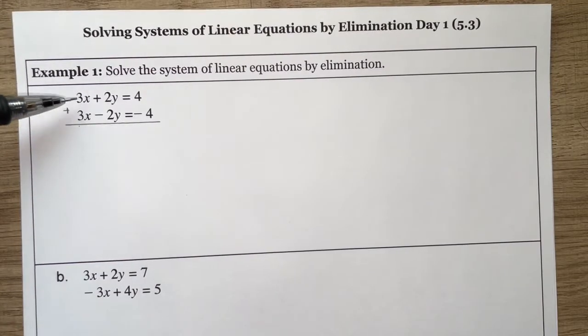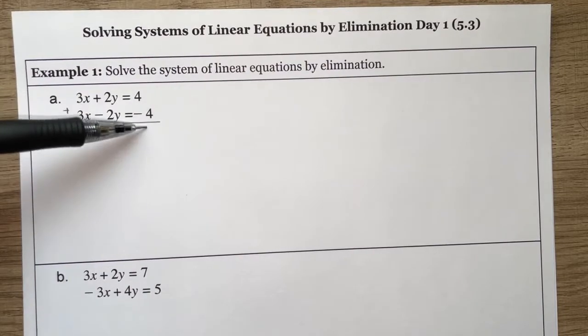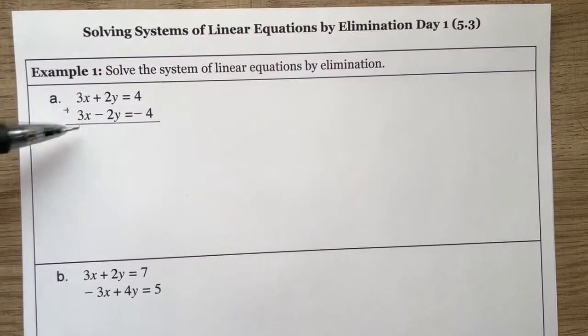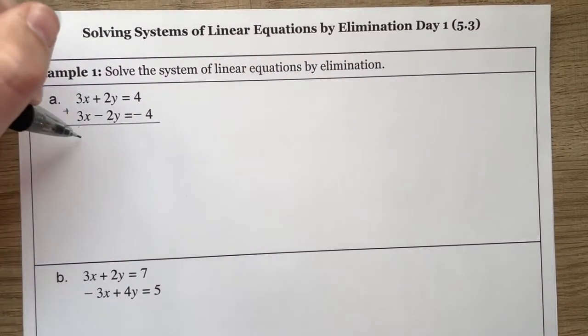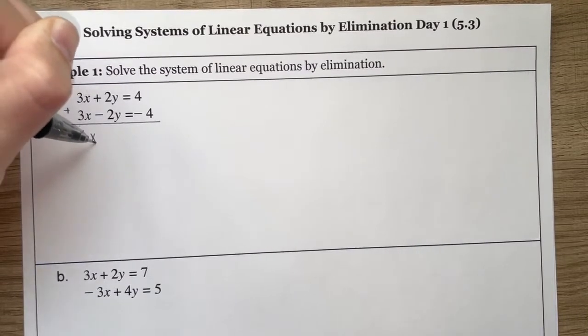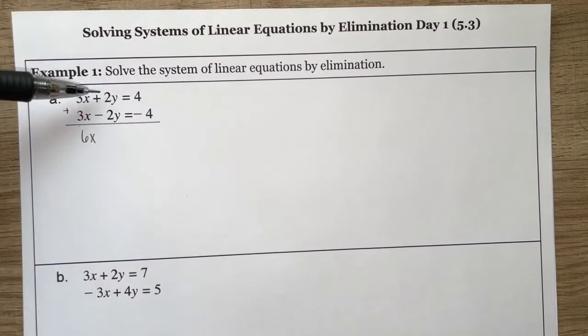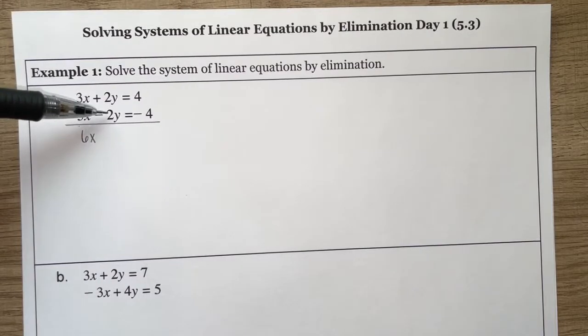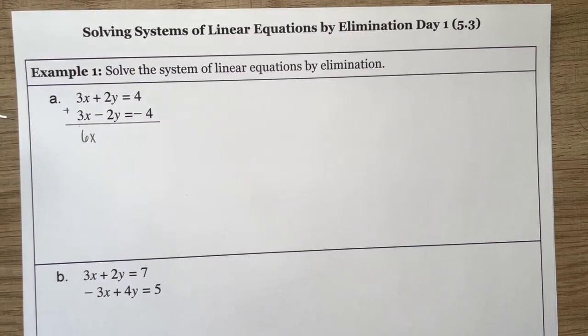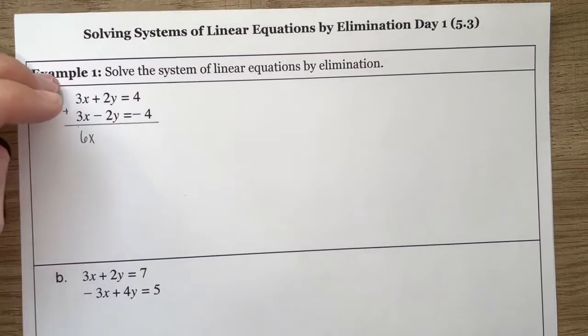I'll add them vertically. 3x plus 3x is 6x. Then 2y plus a negative 2y, those are opposites of each other, so positive 2 plus negative 2 is 0. Those just cancel out.